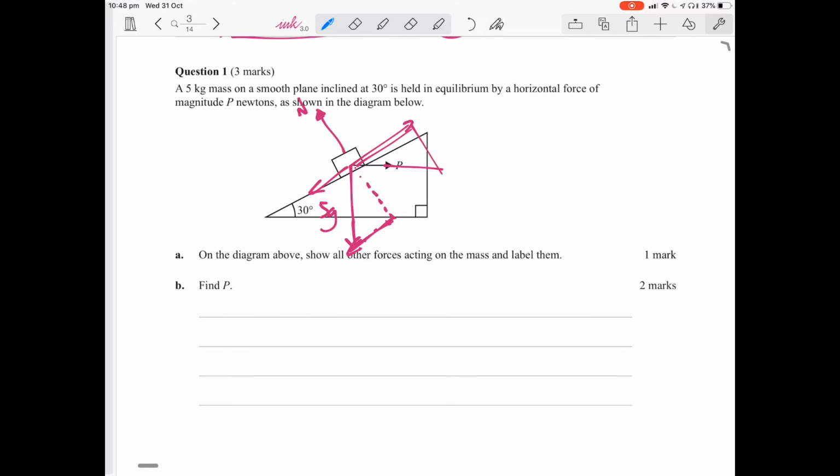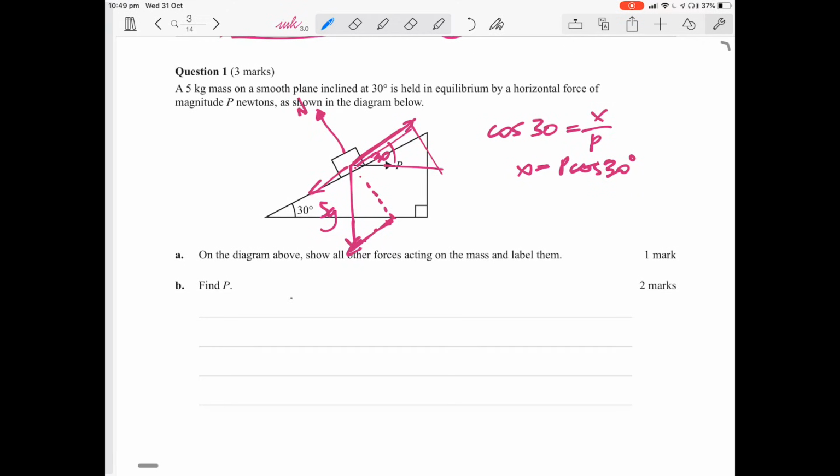So here, if that's 30 degrees, and I want to find out that component, we know cos 30 is equal to that value, we'll call it x over P. So x equals P cos 30.